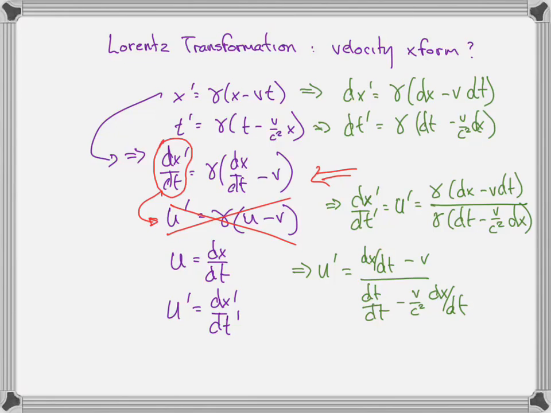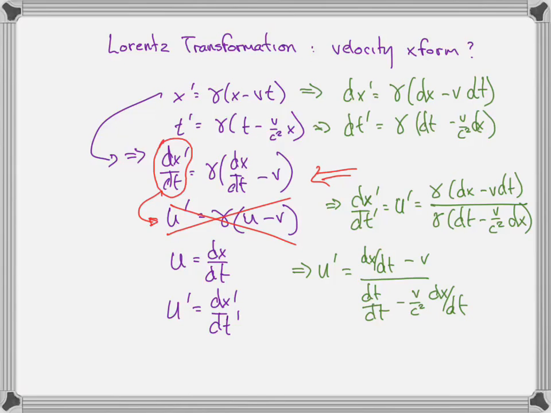In case I didn't say it before, derivatives work like this. You can divide dx by dt as long as they're physical and they don't have discontinuities, which physical quantities generally don't.